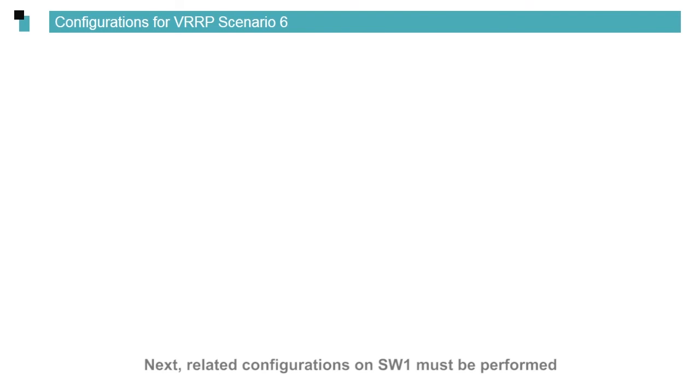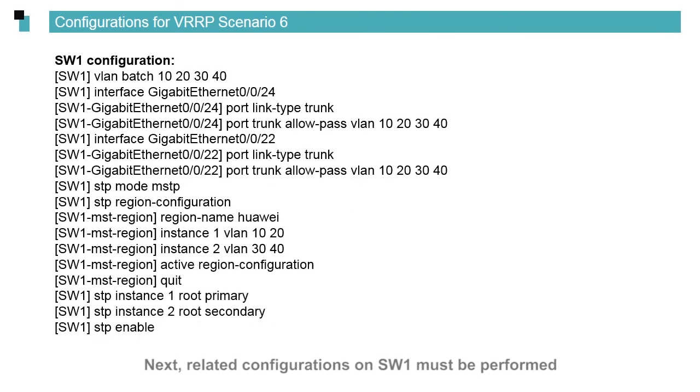Next, related configurations on SW1 must be performed. Configure MSTP. Map VLANs 10 and 20 to instance 1 and VLANs 30 and 40 to instance 2.